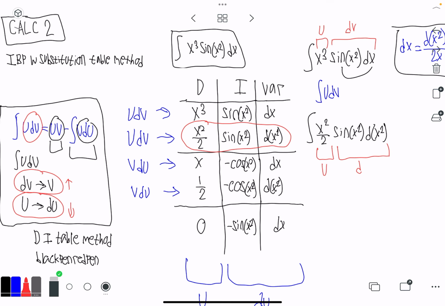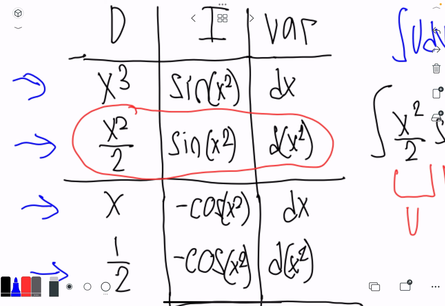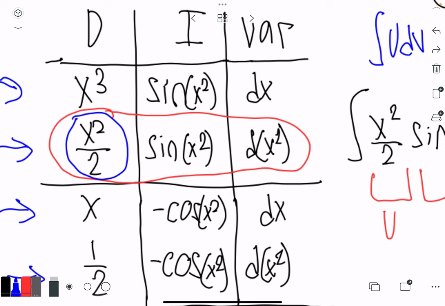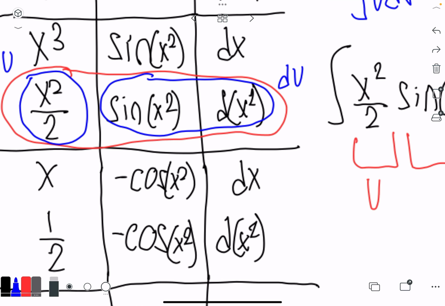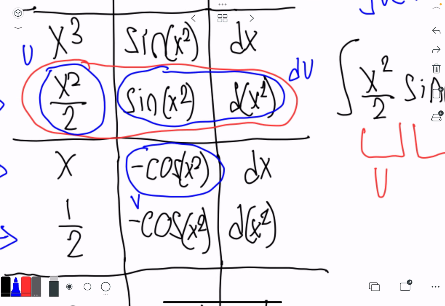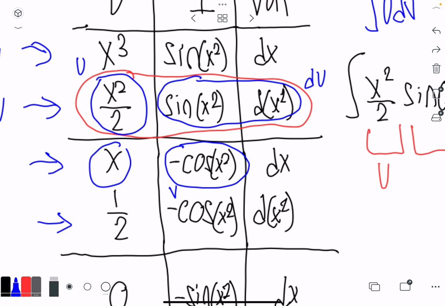Let's just erase this. I think it doesn't make a lot of sense, right? So of course, you know that this is u, and this is dv. What about this? It's v. It's the integration of this. And this one, let me just use red.